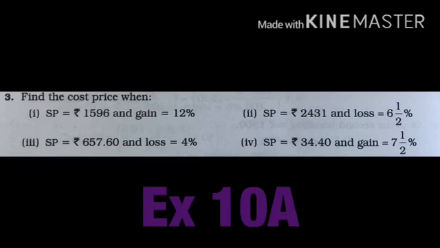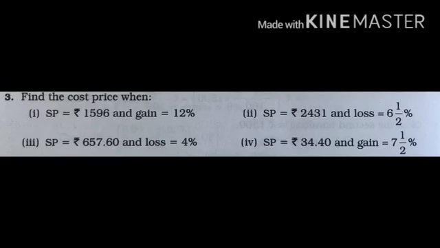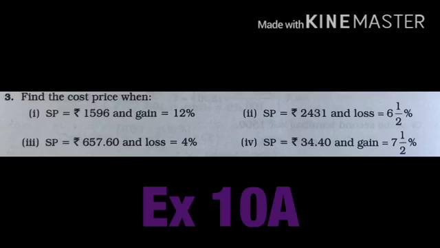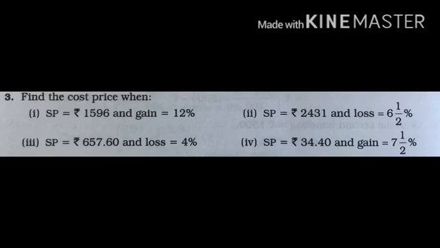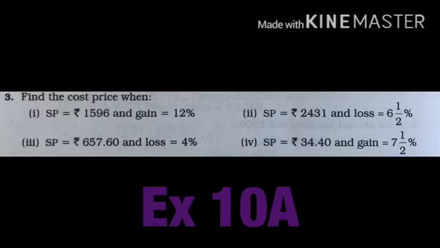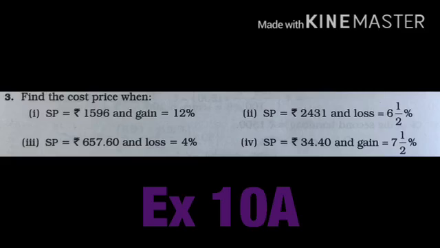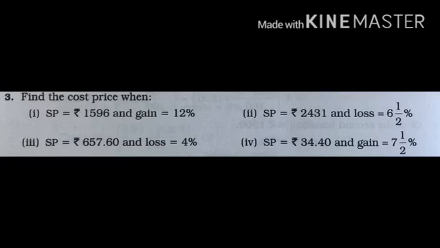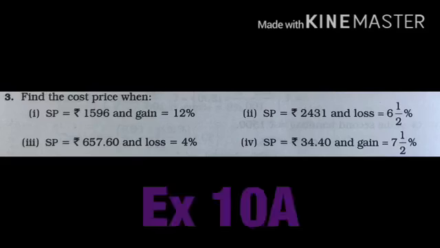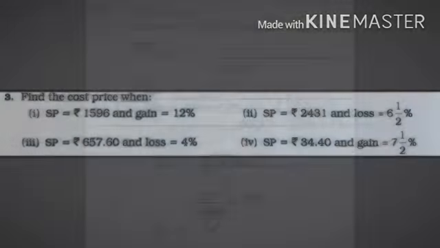If the selling price is equal to 657.60 and the loss is equal to 4%, then you can use the direct formula: cost price is equal to 100 upon (100 minus loss percent) multiplied by SP. It is more convenient, so you can use the direct formula to find the cost price if the selling price and gain percent or loss percent are given.